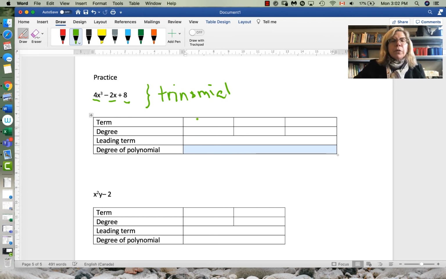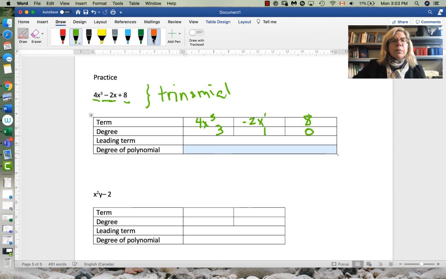So the first term is 4x cubed. And the next term is minus 2x. Don't forget the minus. And the last term is 8. Okay. And the degree of the term, well, the degree is 3. Here the degree is 1. And here I guess you could say the degree is 0.